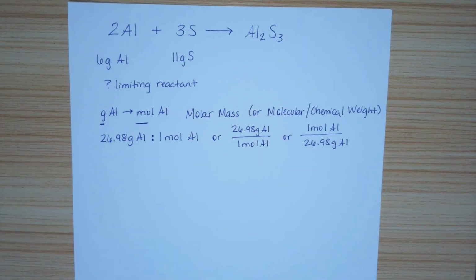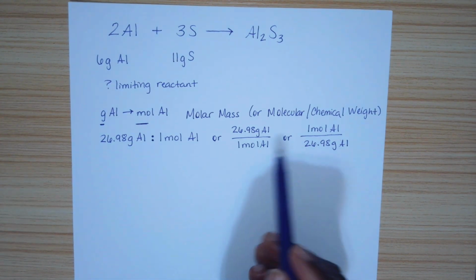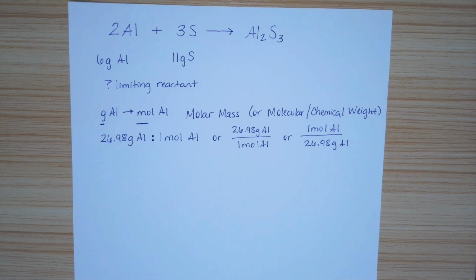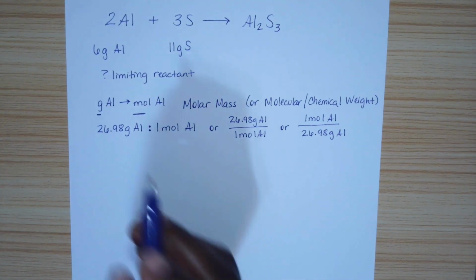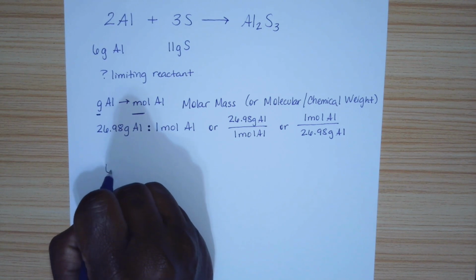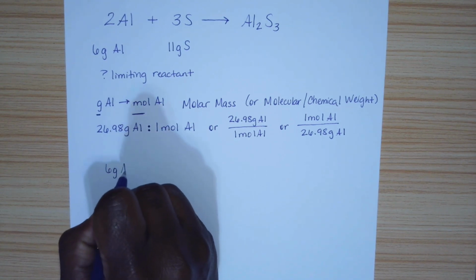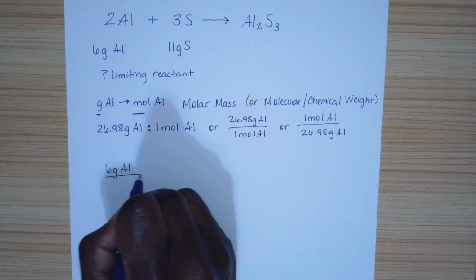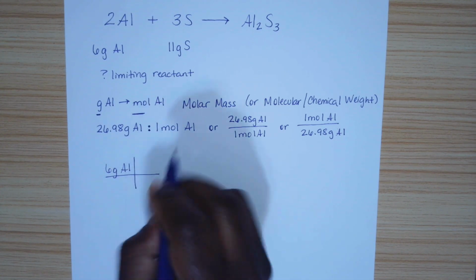Which you use will depend on where you're starting. So you'll definitely be using one of these conversion factors, but depending on where you're starting, that will determine which conversion factor you will use. And so from there, we can convert those 6 grams of aluminum to moles of aluminum.